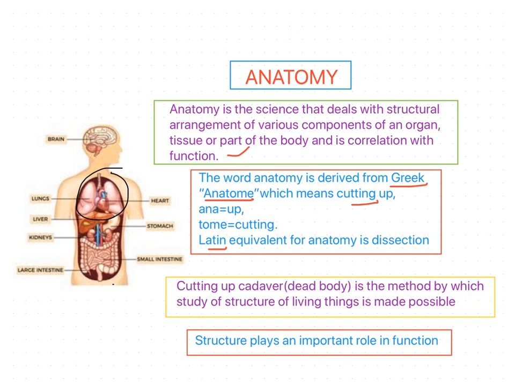If you can't understand the structure, then you can't appreciate the function of that structure. Here anatomy mainly deals with the structural arrangement of various components present inside the body.